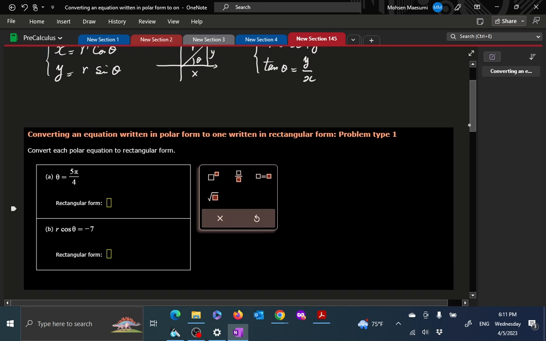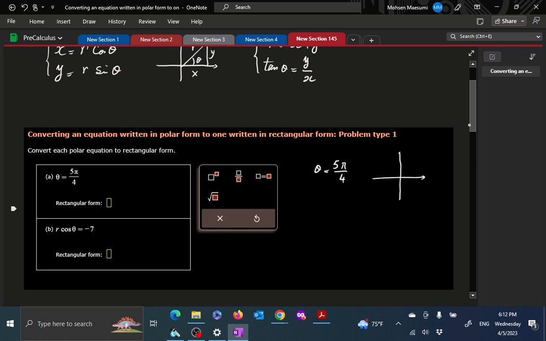For example, if theta is 5 pi over 4, let's graph this to see what it means. 5 pi over 4, what's that? Pi plus pi over 4, this is 5 pi over 4. Now if I take positive r's, I'll be covering all these points.